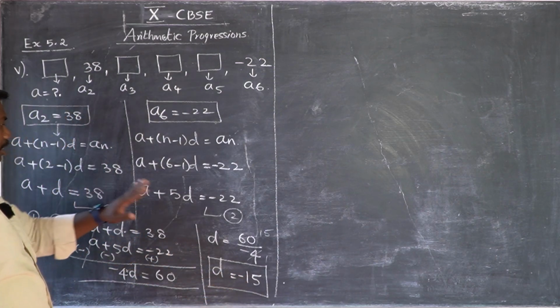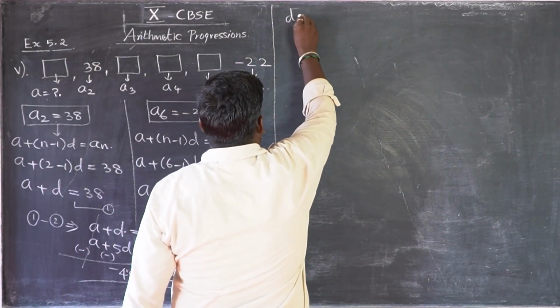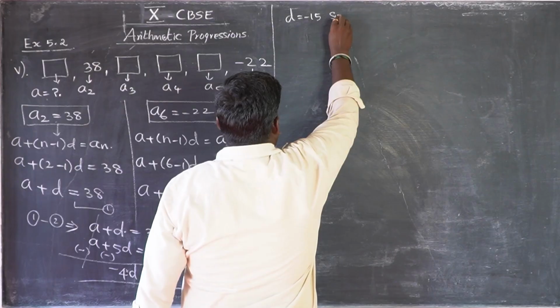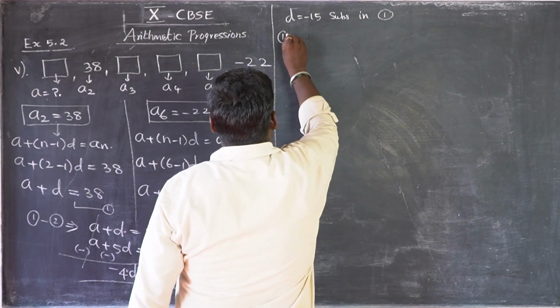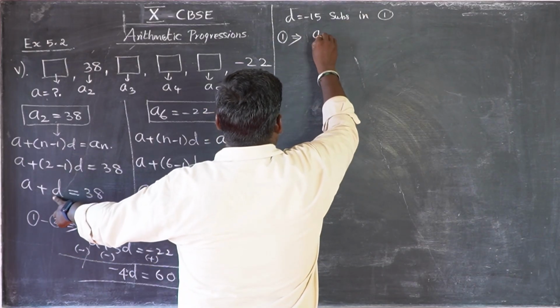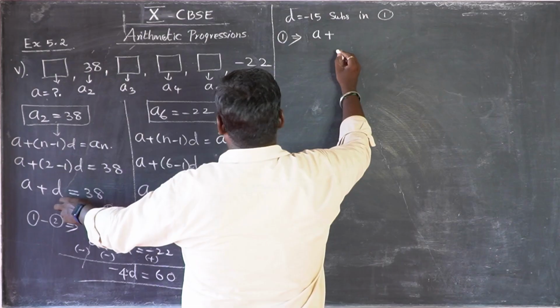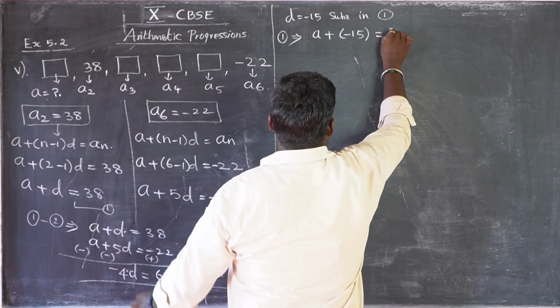Substitute any one of the equations, we can get the value of A. So D is equal to minus 15. Substitute in equation number 1. Equation number 1 is A plus the value of D, minus 15, equal to 38.